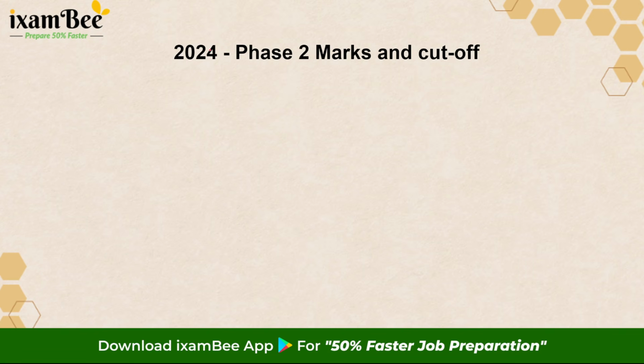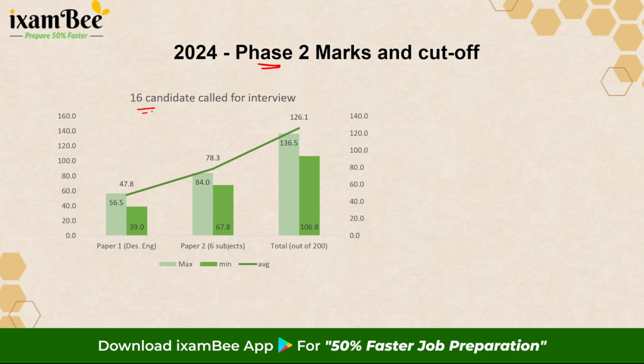In 2024, 16 students reached the interview stage, that means they cleared Phase 2. That time the vacancies were 5, and therefore the number of students reaching the interview was lesser. Usually in the interview stage, 3 times the vacancies, students are shortlisted based on merit.